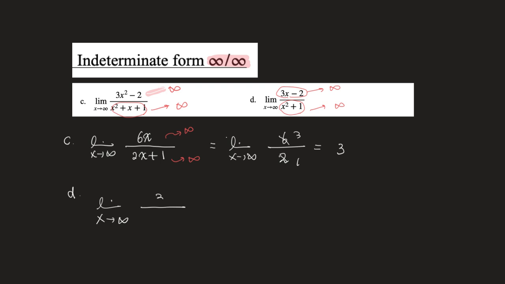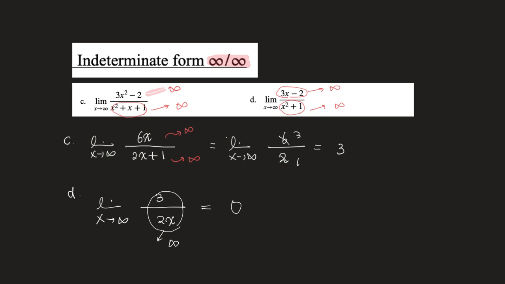The derivative of 3x minus 2 is 3. Now be very careful: 3 is a constant, it doesn't change anything. The bottom is 2x, going to infinity. The bottom number is getting bigger, so the whole thing is getting smaller. So this limit is going to be 0.